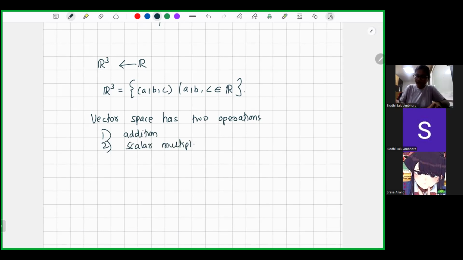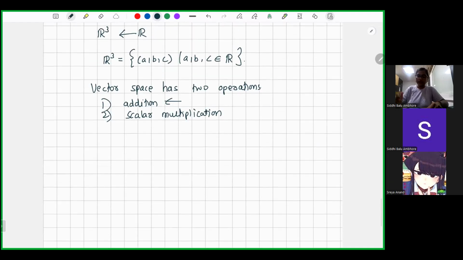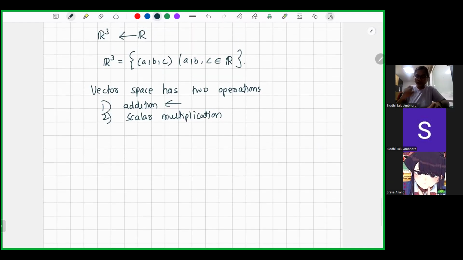So if you look at the definition, the way we have defined vector space in the lectures, they say that a vector space V has two operations.